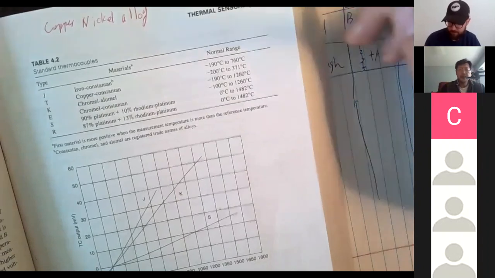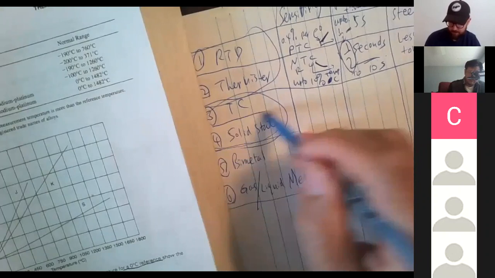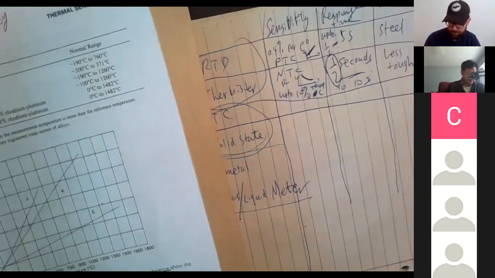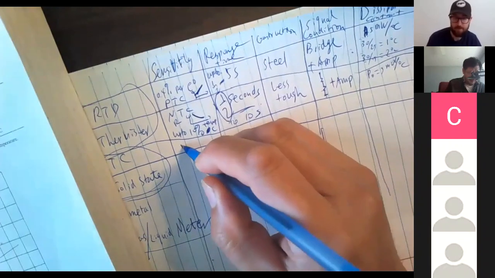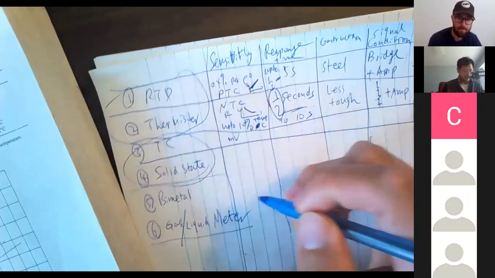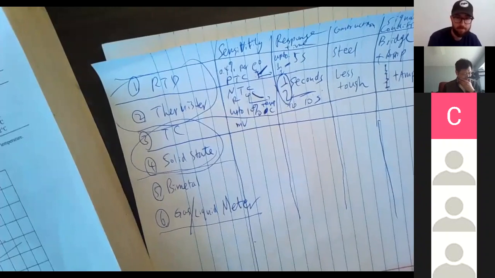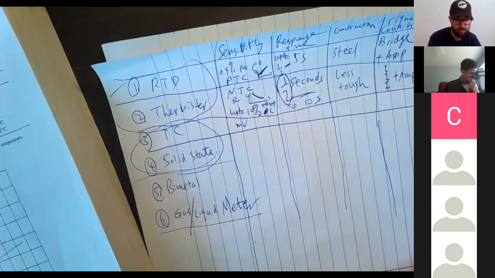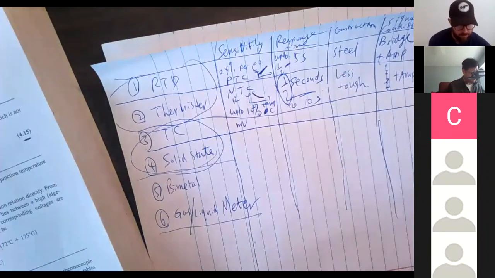So for a thermocouple, the output is the voltage, the output voltage. It's in millivolts. And the sensitivity actually varies.